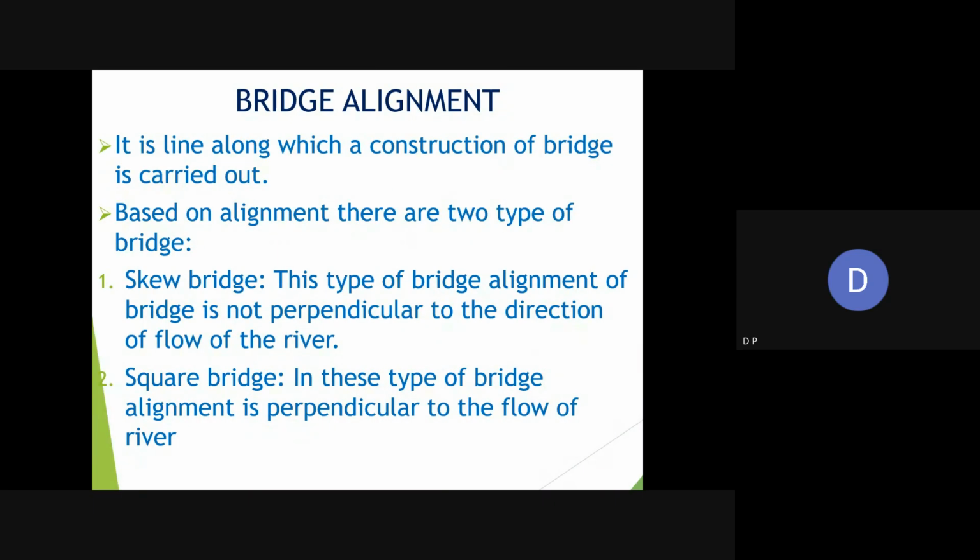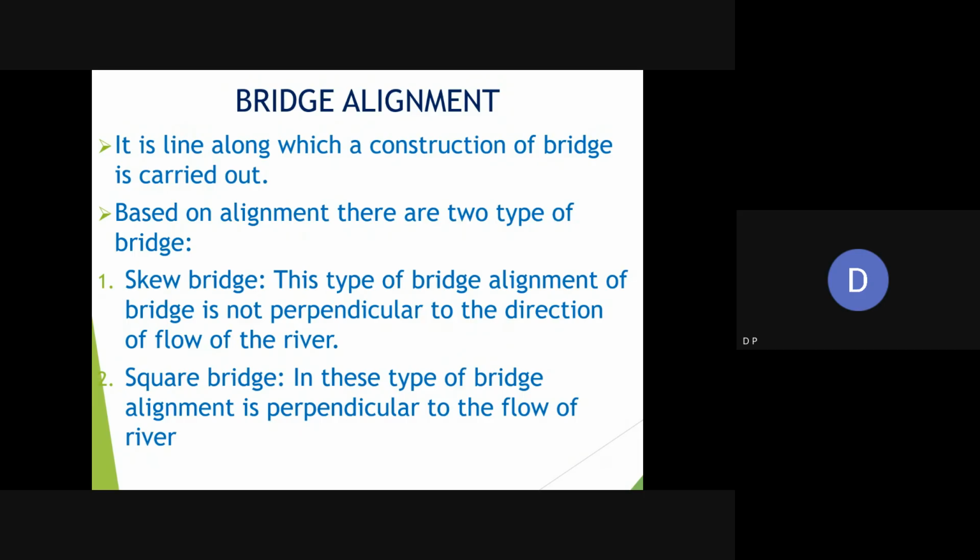Alignment. Alignment depends upon various parameters. Earlier, the alignments were perpendicular to the river to reduce forces acting on the piers. But as of now, we can align bridges in different directions, skewed at an angle to the river or valley, as per the requirement and space available.